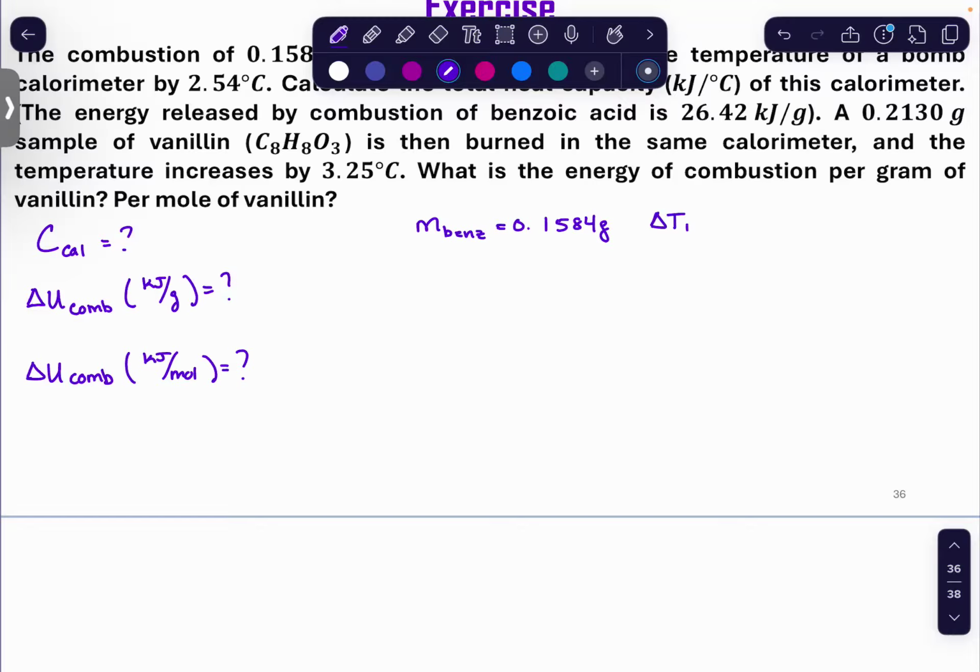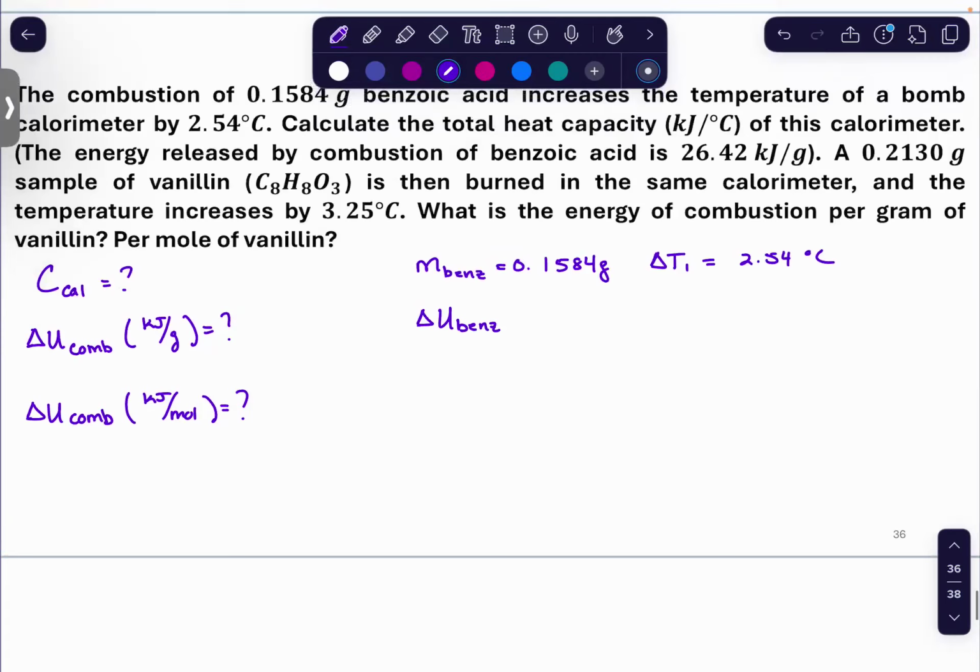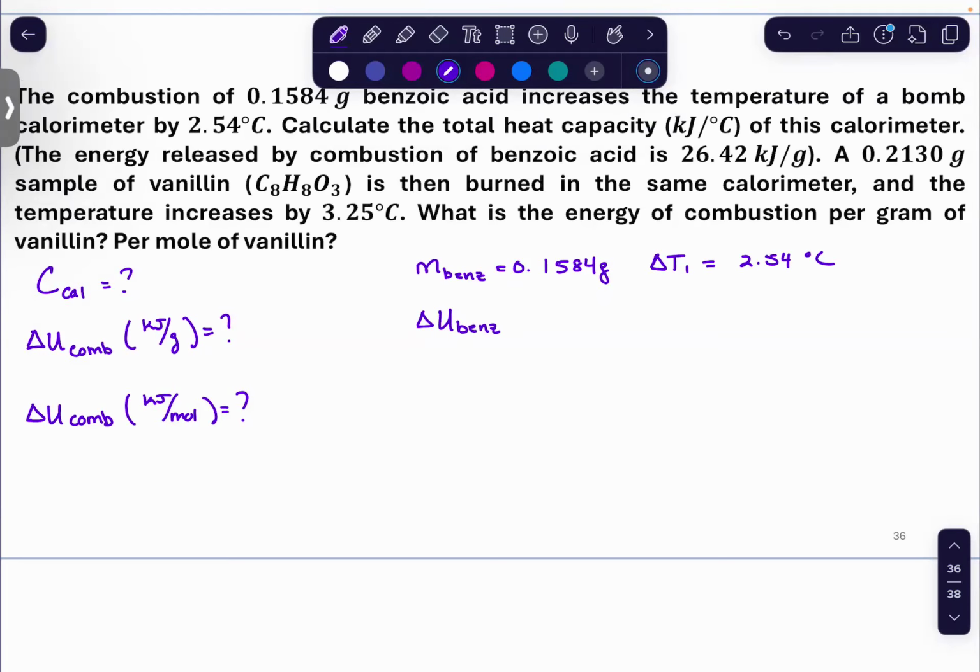The first change in temperature is 2.54 degrees Celsius. Change in energy of the benzoic acid, the energy released by combustion. So it's a combustion, and releasing energy, of course, is going to be a negative value.